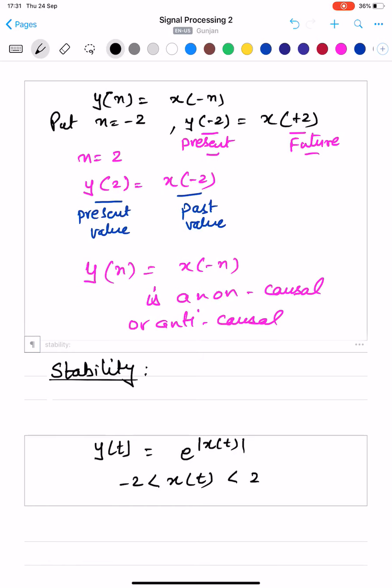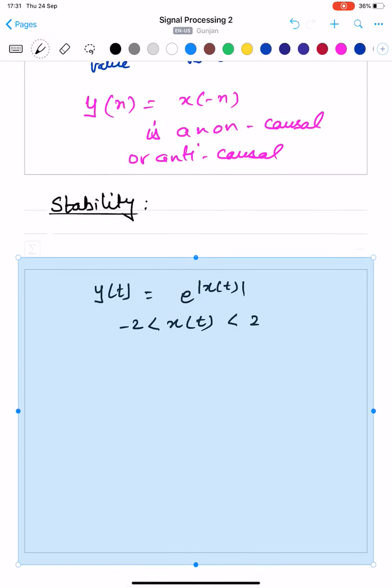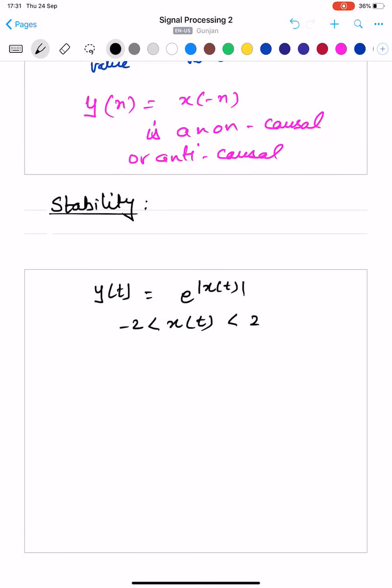So you can say x(t) is restricted, or bounded. Then for the system to be stable, the output should also be bounded.